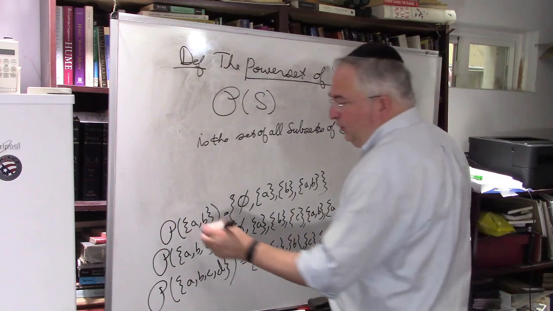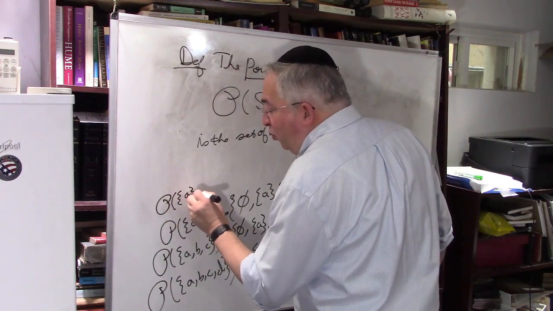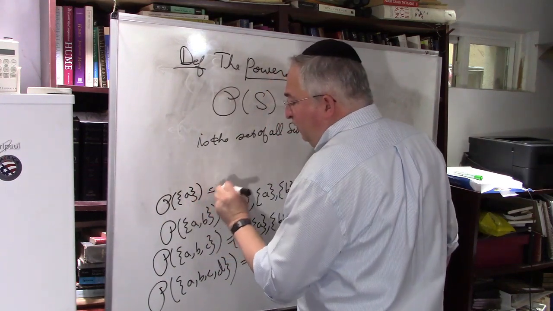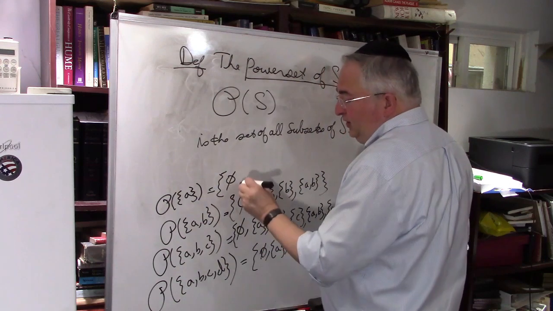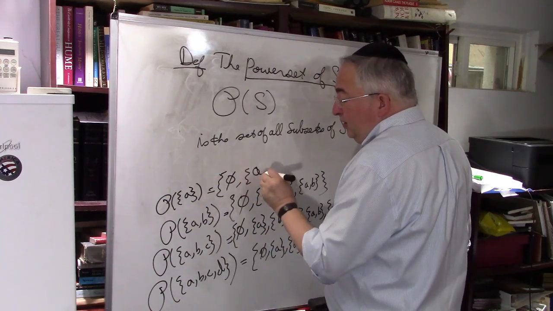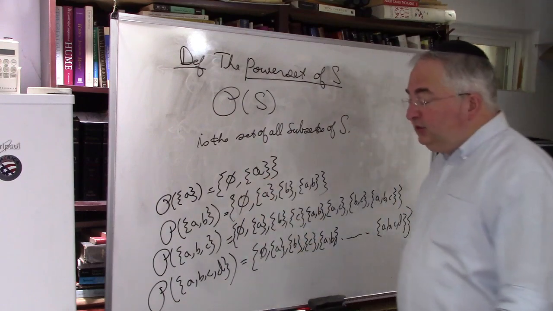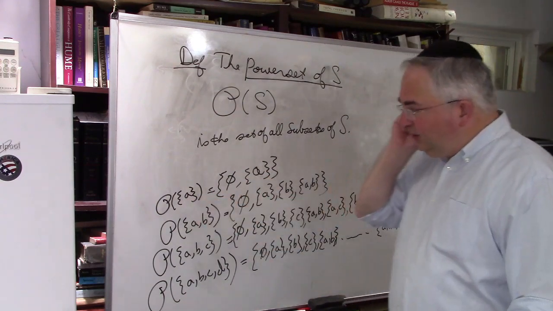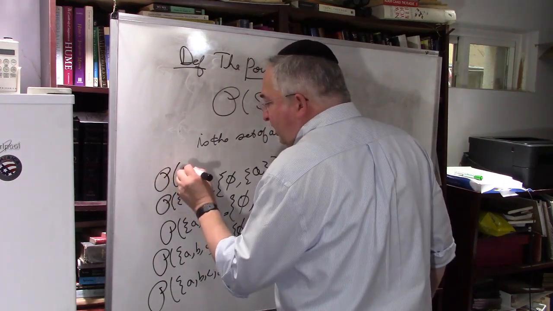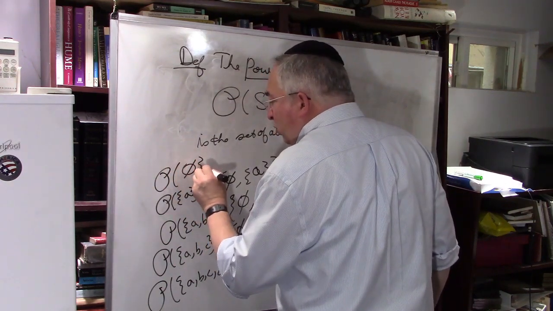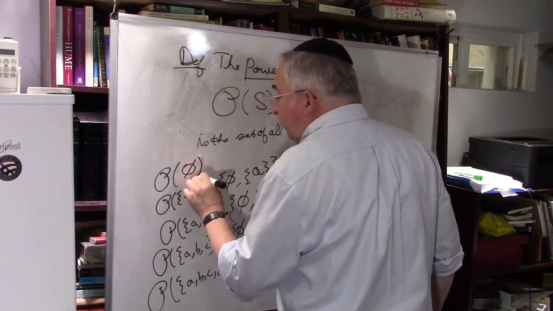Let's try some of the earlier ones. The power set of the set that just contains 1 element. Let's see, what do we have? Well, again, the empty set is always a subset, and then the set A by itself. So this has 2. So if your set has 1 element, we have that. By the way, what's the power set of the empty set? What subsets are there of the empty set?